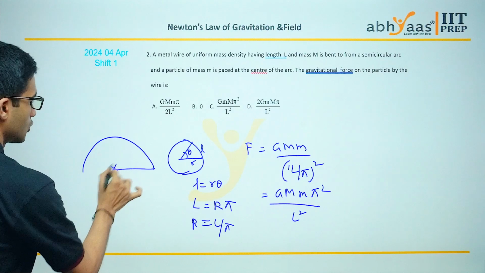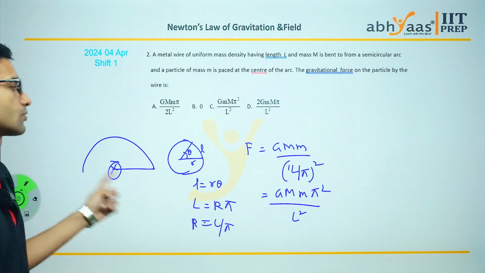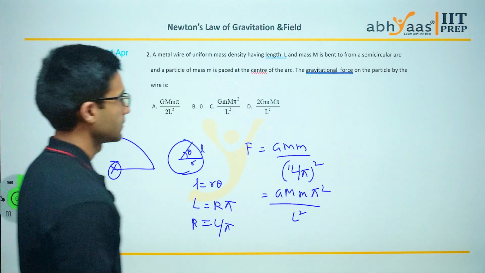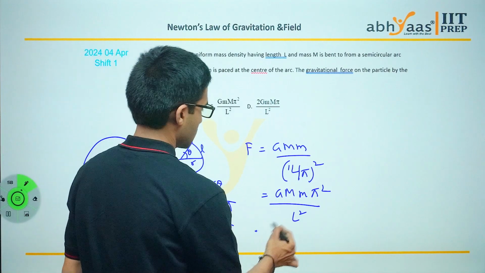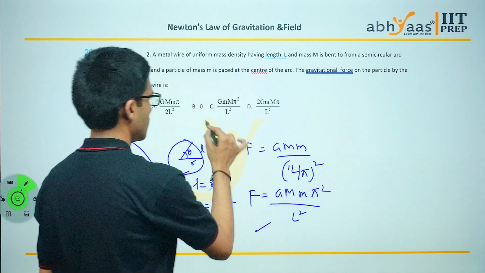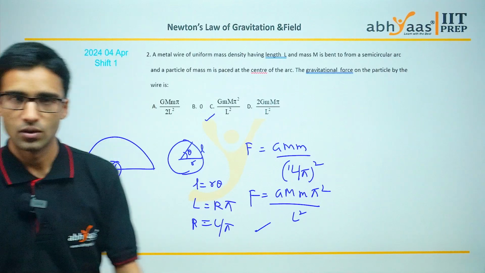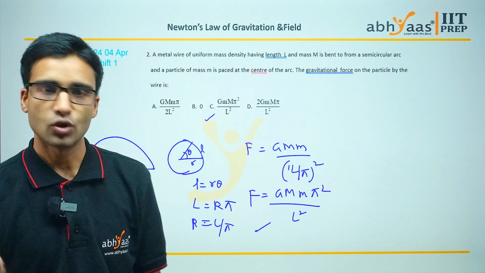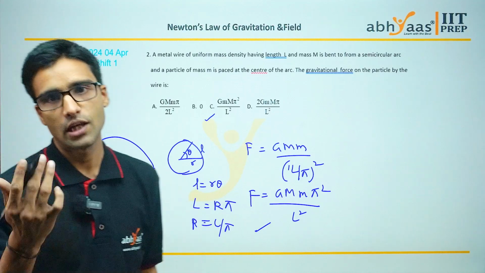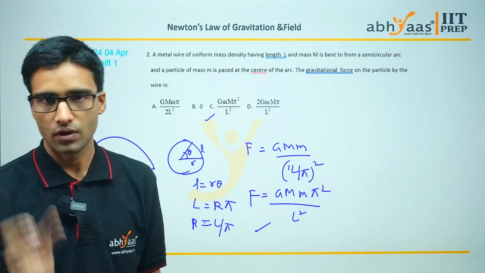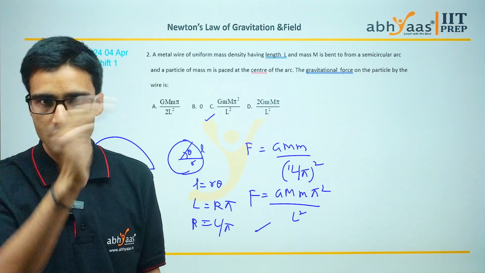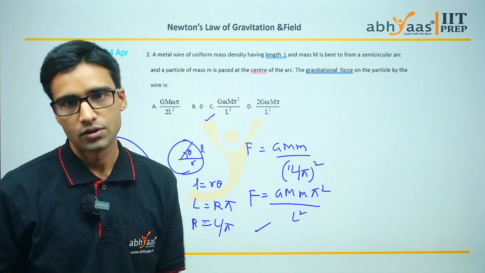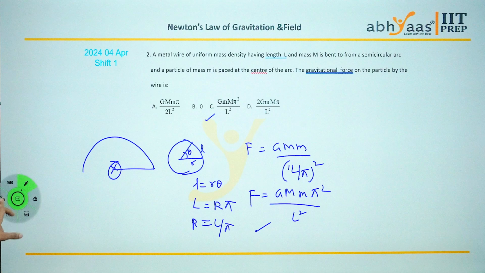That's why we are taking radius equal to L by pi. So you'll get the answer G M m pi square by L square. This is the answer. Simple question only, so no need to worry. The only thing is you have to understand the concept of how to calculate the radius. In a sector, L equals R theta. If the angle theta subtended is pi, then R equals L by pi. So you'll get the answer very simply.